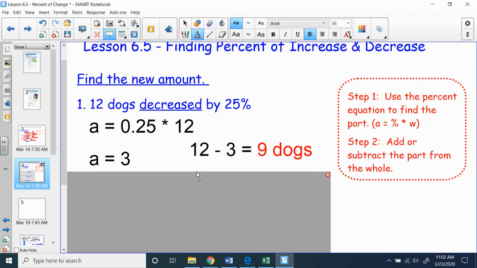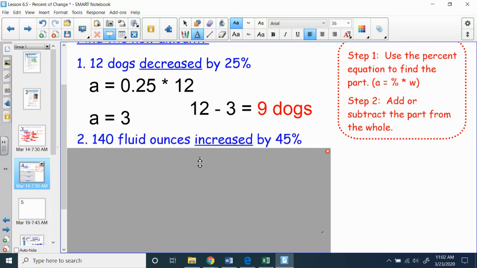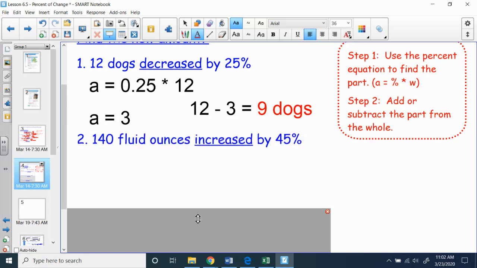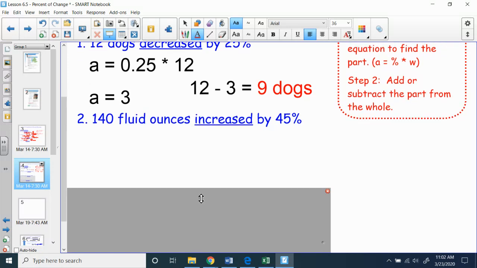All right, we're going to try another one. My second example is I'm trying to drink more water. They say that's really good to keep you healthy. I have 140 fluid ounces, but I need to increase that by 45%. So again, we'll use the percent equation.